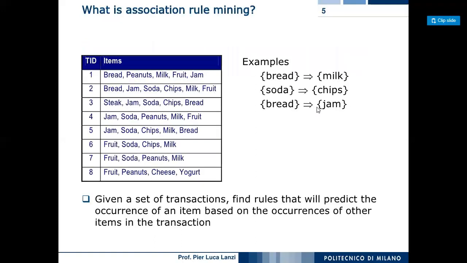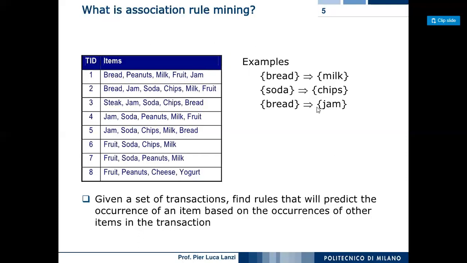For example, in the given transaction table, there are 8 transactions, and they contain different items. We find the rules which will predict the occurrence of an item based on the occurrence of other items in the transaction. So basically we are finding the relation between the items and how much they are connected with each other.